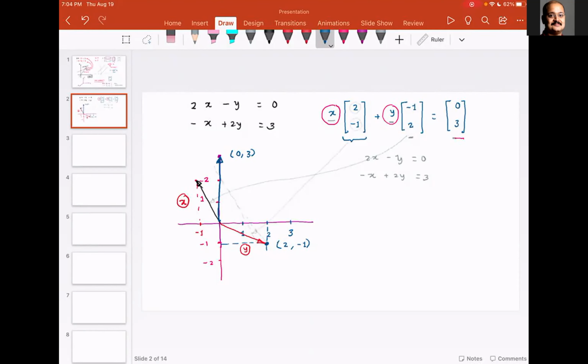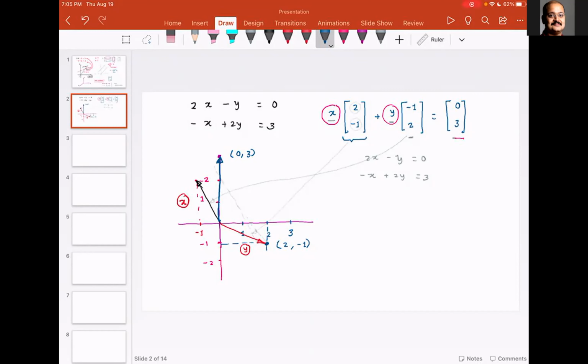If you look at the column space, to find the solution, these two vectors should be linearly independent. What it means is the information that one vector provides should not be the same as the second vector. Let me give you an idea.